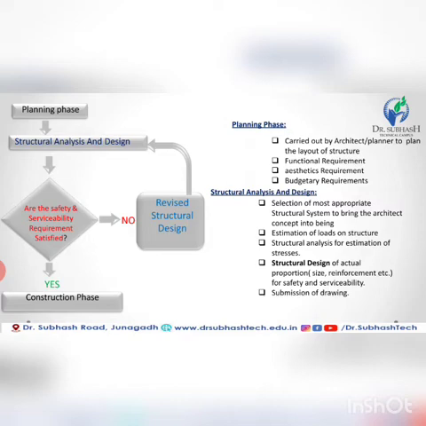Select the most appropriate structure system to bring the architecture concept into reality: estimation of load, structure analysis for estimation of stress, structure design. Third, actual proportional size, reinforcement, etc. for safety and serviceability, submit the drawing.